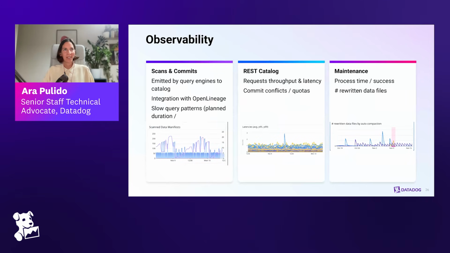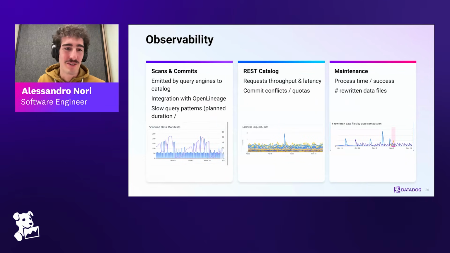Good. What about observability? Yeah, for observing Iceberg tables, we track 3 main areas. The first one, scans and commits. Those come directly from the Iceberg API.